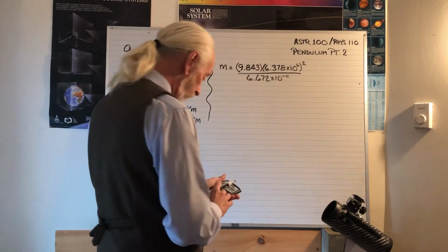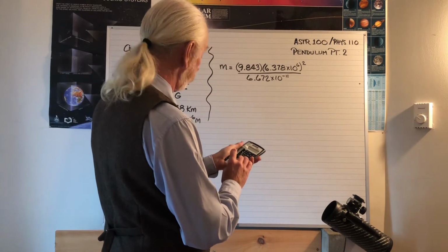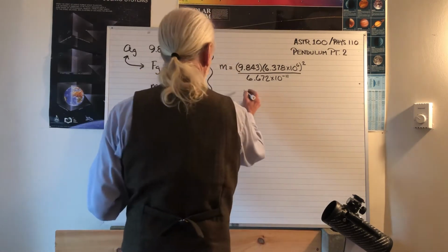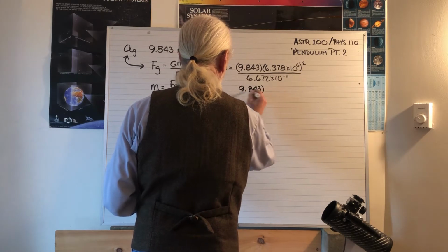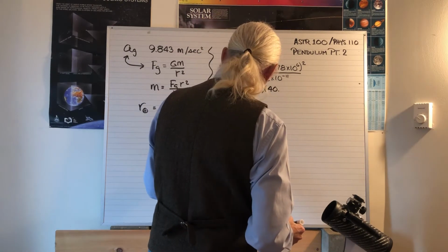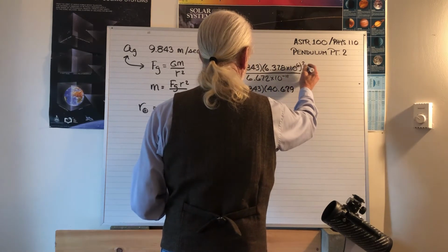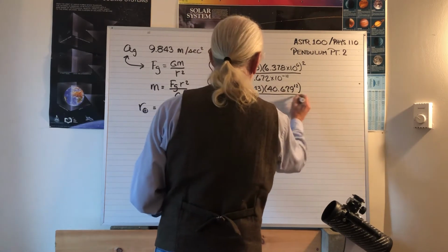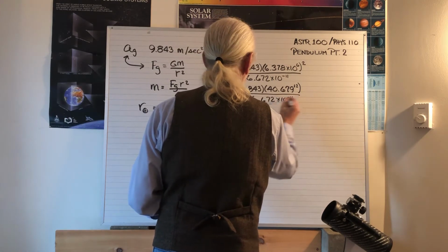First I'll square this. 6.378 squared. That comes out to 40.679. 10 to the 6th squared comes out to 10 to the 12th over 6.672 times 10 to the negative 11.